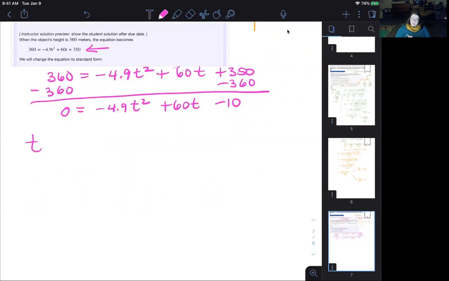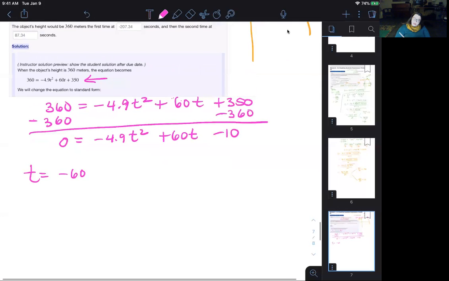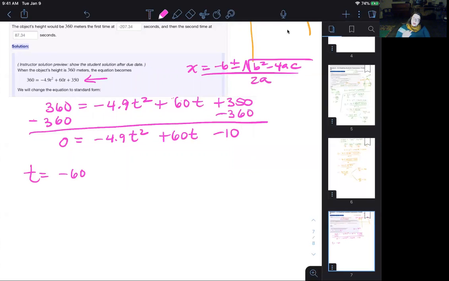So we have t equals negative 60. I can see that because I have a decimal value in here, I'm not going to want to factor or divide anything out. So negative 60, because that's negative b. Remember our quadratic formula, x equals negative b plus or minus the square root of b squared minus 4ac, all over 2a.